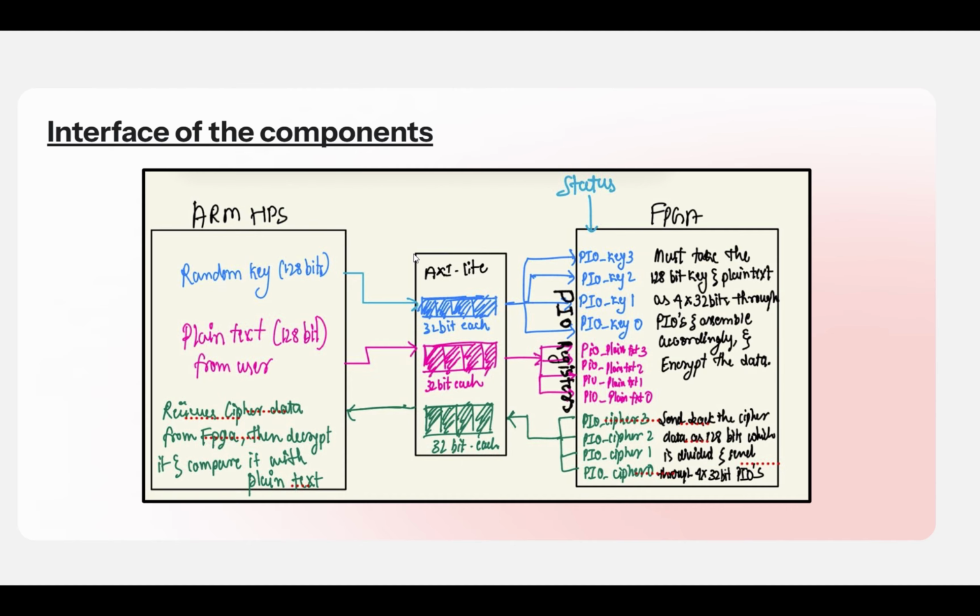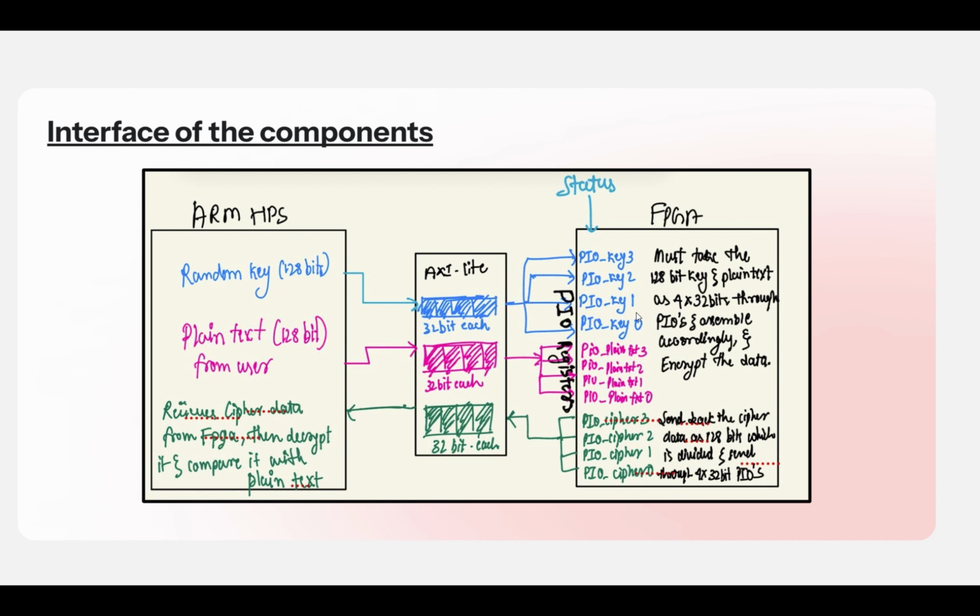So our HPS communicates to the FPGA through our PIOs, which I've shown in the diagram here. As you can see, it sends the random key, and since our PIO registers are 32 bits in size, we have to cut it down and send it 32 bits at a time. It divides the 128 bits of data into four 32-bit pieces. The same is done for the plain text.